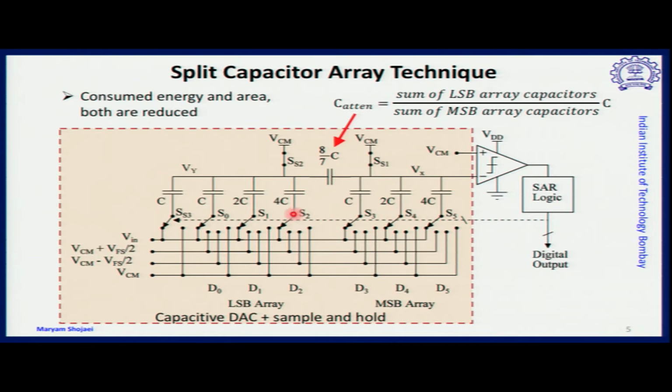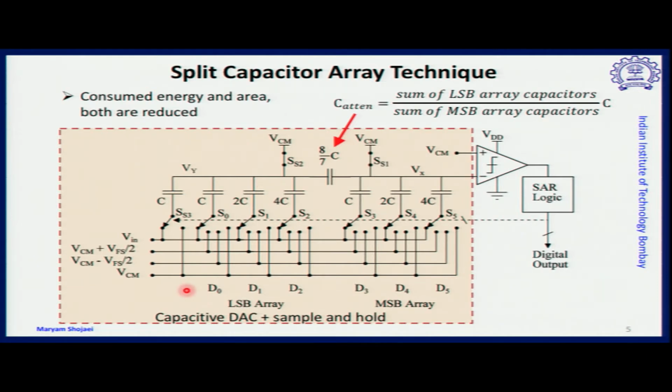Even though we have two of them, which makes it 8C, it is still much less than 2 to the power 6 C. And one more thing: because capacitor values are reduced, naturally energy consumption will reduce. So this is a relatively obvious reason for energy and area reduction in this configuration.